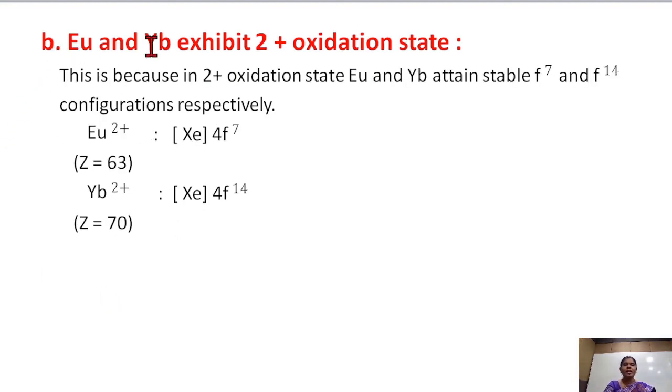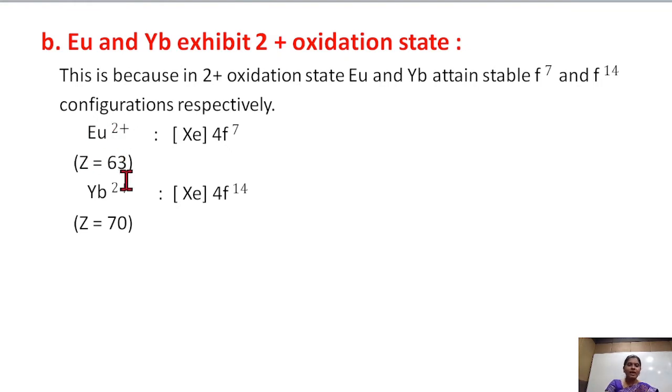Europium and ytterbium exhibit the +2 oxidation state, because in this state they attain stable f7 and f14 configurations respectively.